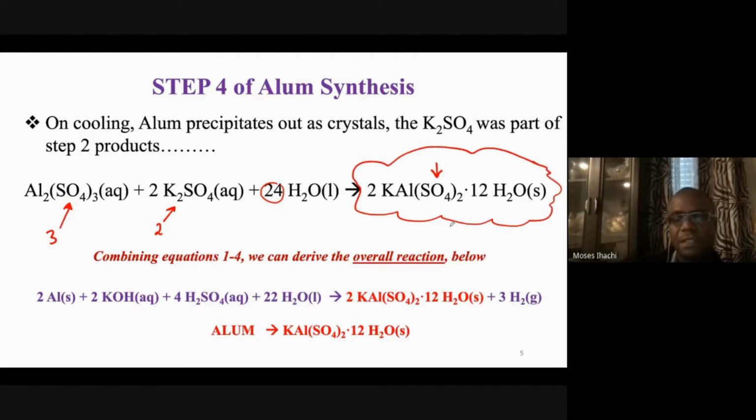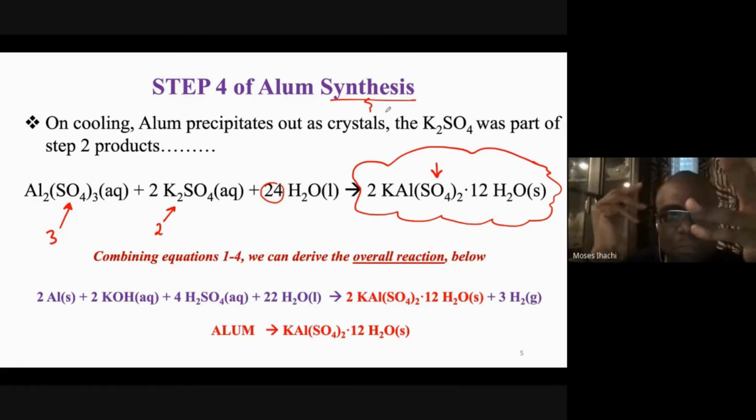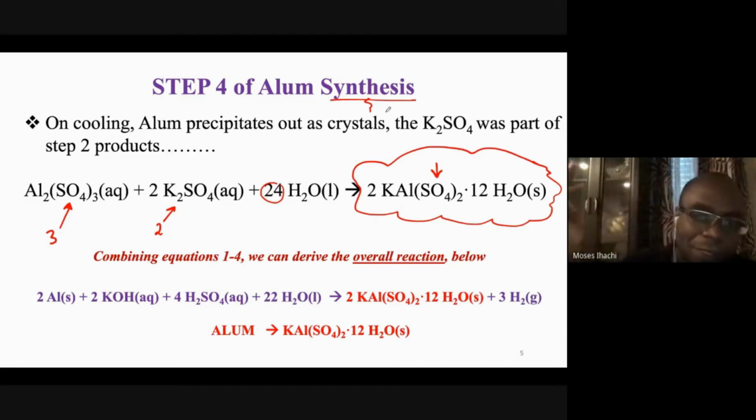So basically, whenever you're doing synthesis, synthesis means to make something. Whenever you're doing synthesis in chemistry, you might do a one-step reaction to take you to the product. You might do a two-step reaction, or a three-step reaction. Sometimes you do even 70.